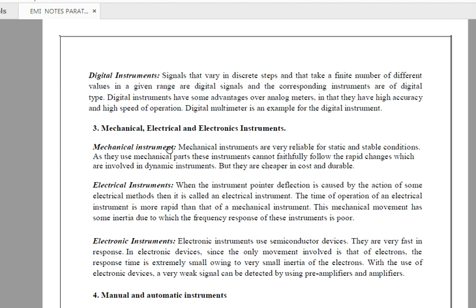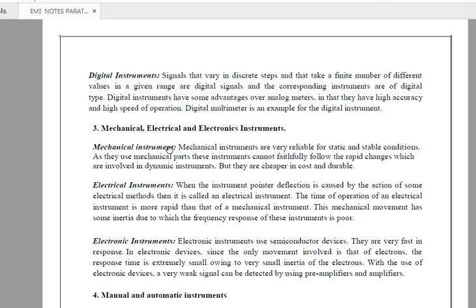In an analog signal, the signal varies continuously, but in digital it varies in steps. Within a given range of digital signals, the parameters vary, the signals vary in discrete steps. This is the basic difference between analog instrument and digital instrument.